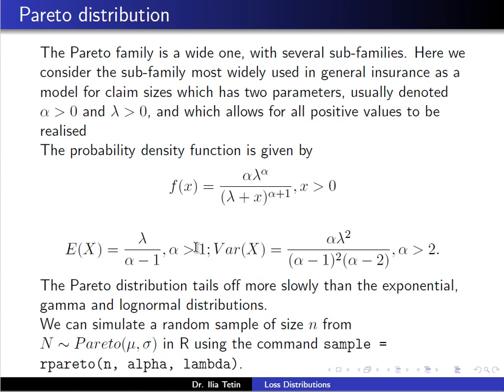Then we used the formula of Ex, lambda over alpha minus 1. We also used the formula for the full probability, that all events should add up to 1. So if something is less than or equal to, then 1 minus this probability will give us the probability of something more than x.